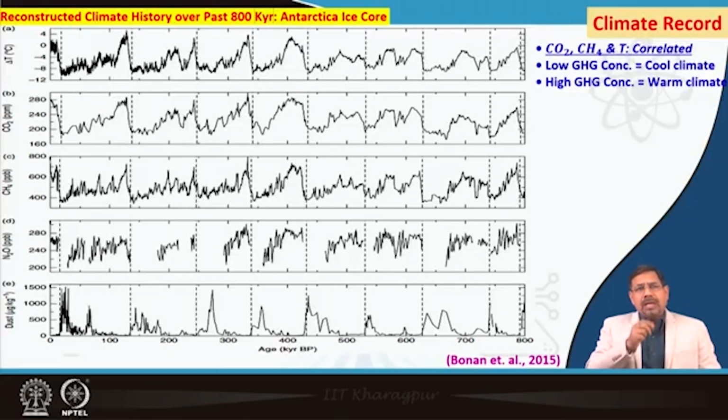I would like you to focus on the upper three and the correlation pattern. Broadly, you can very well see that the methane pattern of variation and the carbon dioxide are also corroborated with the temperature variation. So, what does it mean? Look at the present, the immediate past 50-60 years, 20-30 years, at the extreme left, shown as a dotted line.